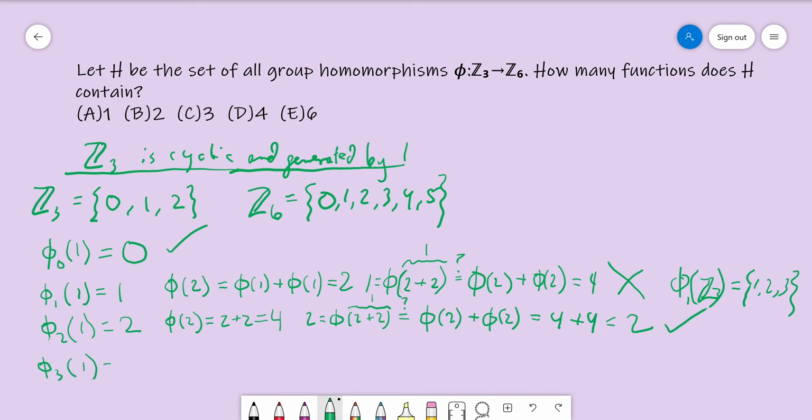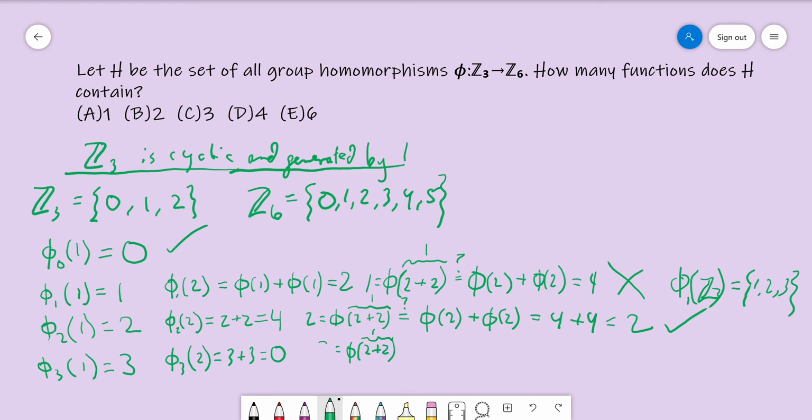Let's look at phi 3. Well, phi 3 of 1 is going to be 3. So phi 3 of 2 is going to be 3 plus 3, which in Z6, remember, that's 0. Now let's think about phi of 2 plus 2. Well, 2 plus 2, we know that in Z3 that's just 1, because 4 mod 3 is 1.